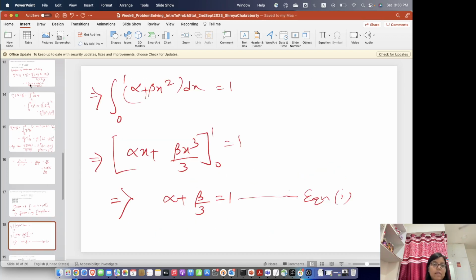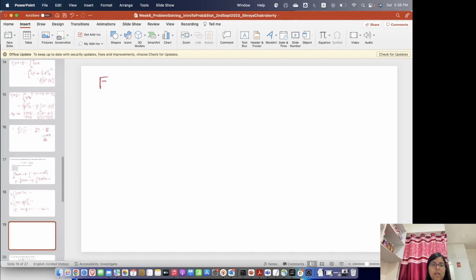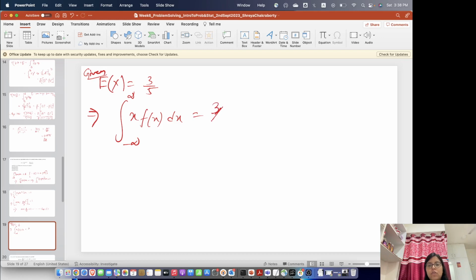Given that the expected value of x equals 3 by 5, this implies that integral of x f(x) dx should be equal to 3 by 5, which implies integral 0 to 1 of x into alpha plus beta x square dx equals 3 by 5.